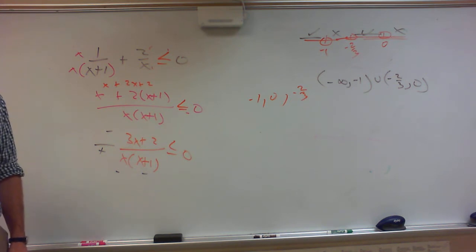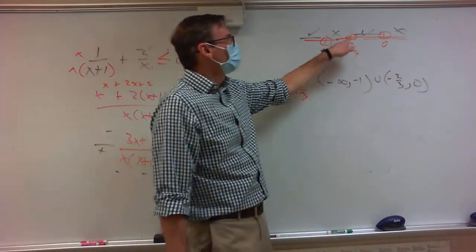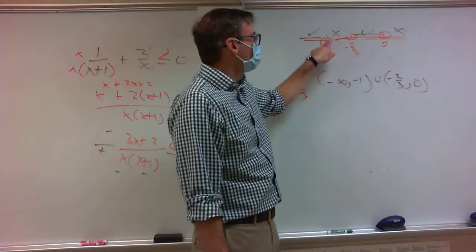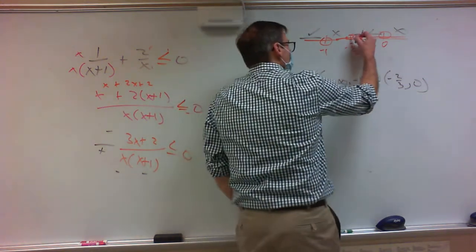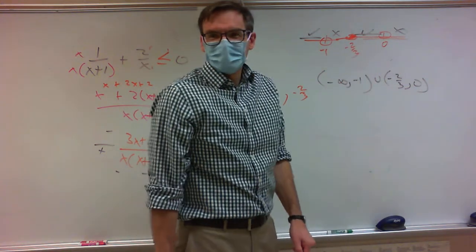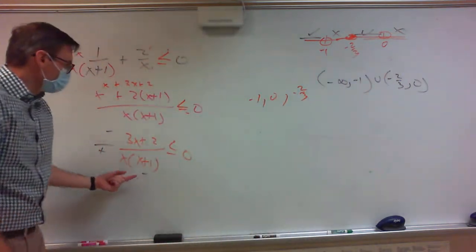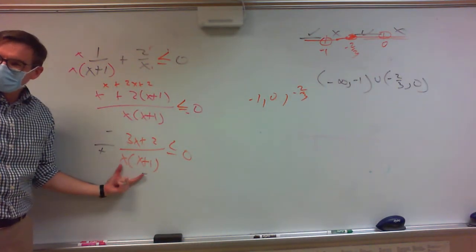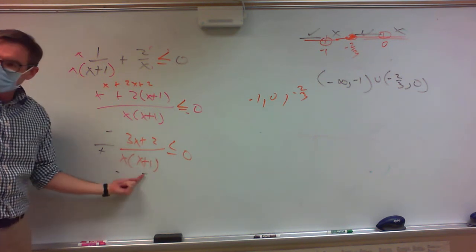No. The outside. Well, what's the only one I can include? It has nothing to do with the inside or the outside. It has to do with what's legal. If this is equal, can x equal 0 or negative 1?